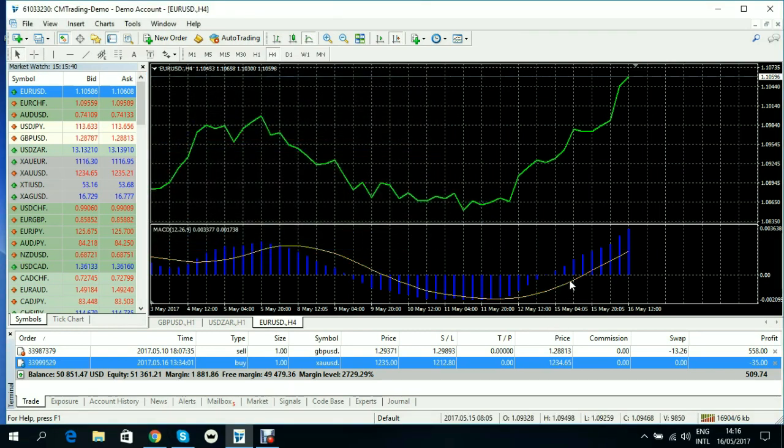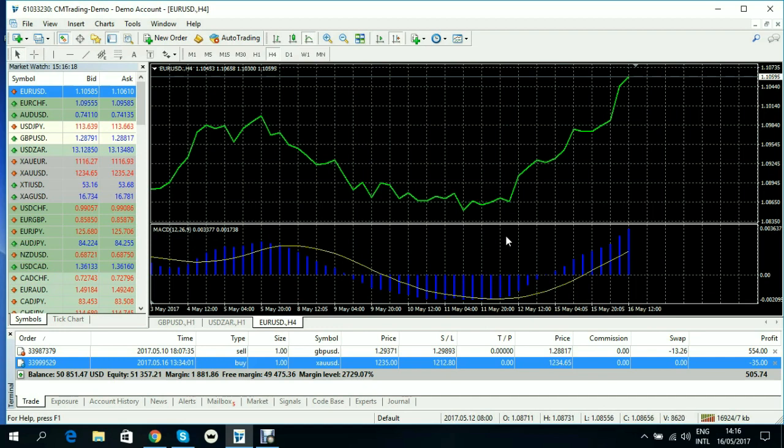And there you go. So basically this is how you insert the MACD on the chart. This is MACD 12, 26, 9, and this is how it looks.